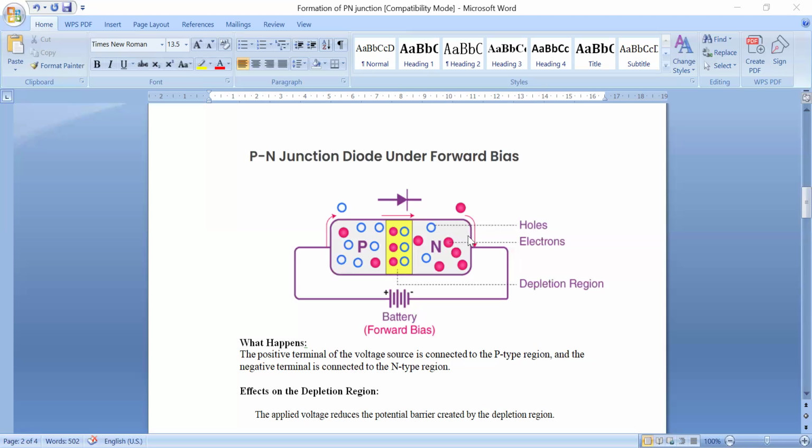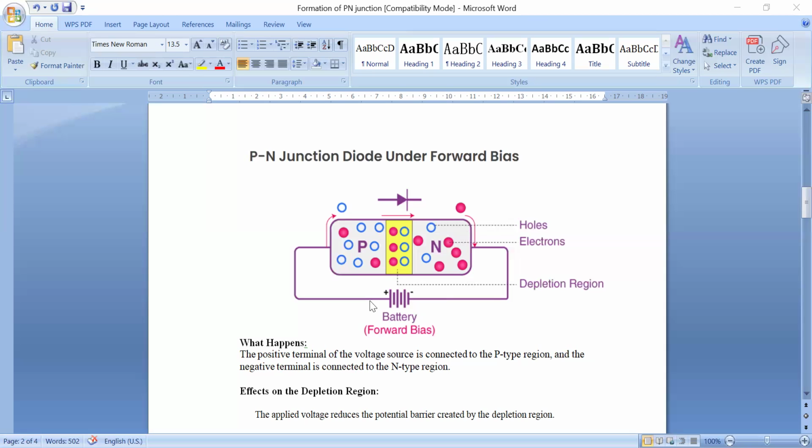Holes cross the junction and go towards the negative terminal of the battery, and the electrons in the N region move towards the P region. Due to this, the electric current flows. So the PN junction conducts electricity and allows the current to flow through the circuit.